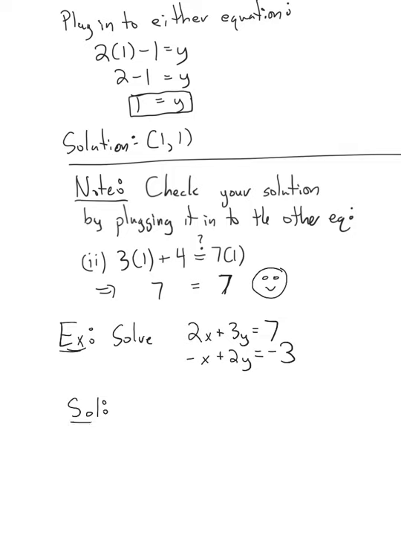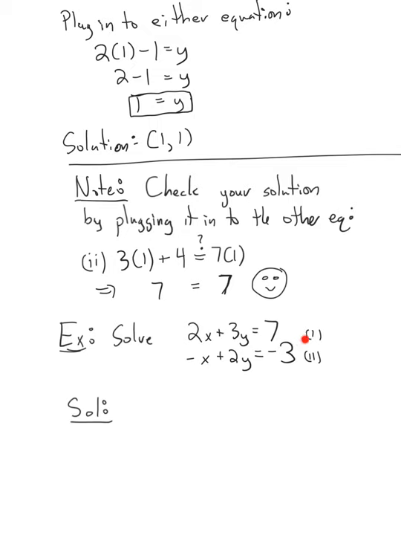So we have to decide what variable we want to solve for. Again, let me call this equation 1 and equation 2. My initial thought is that this variable here doesn't really have a coefficient in front of it except the negative 1. So maybe I'll solve for x, because it'll be a little bit easier.